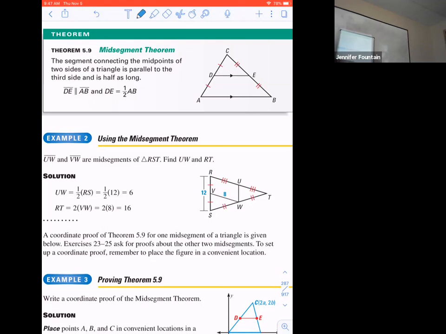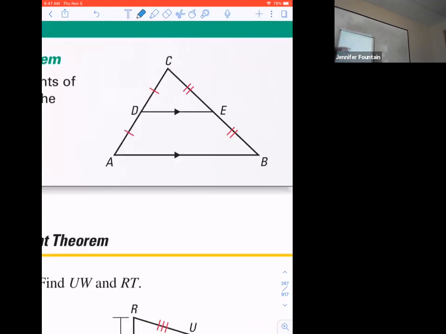So when I have my mid-segment here, okay, when I'm connecting D to E, this is going to be parallel to AB, all right? So those are parallel, indicated by arrows, and this measure is 1/2 of this measure. So your mid-segment will always be half of the measure of the line that it is parallel to.